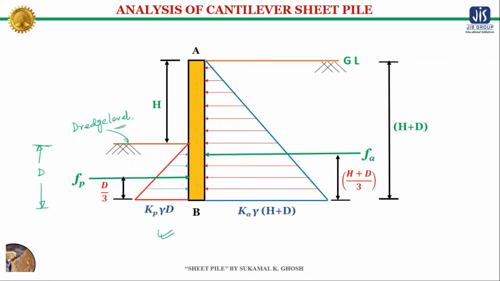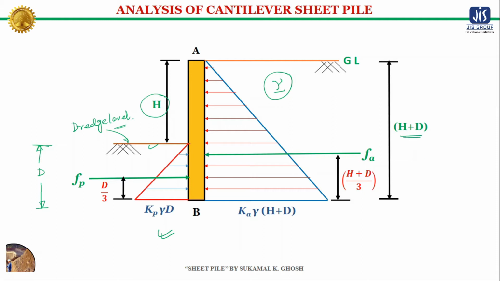The unit weight of the backfill soil is gamma, and from the ground level to the dredge level the depth is h. So the total height of the sheet pile is h plus D.